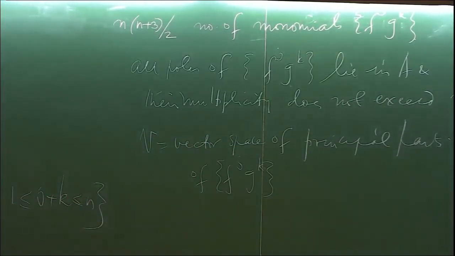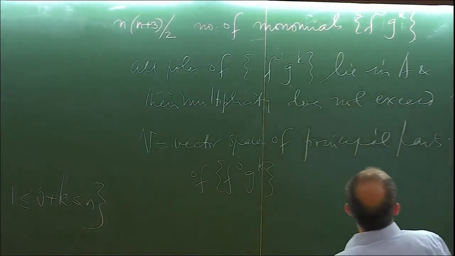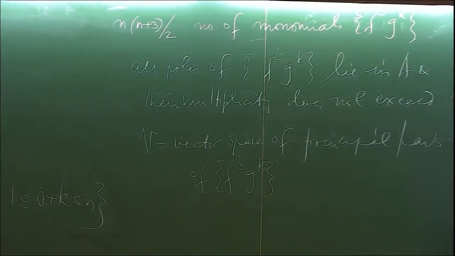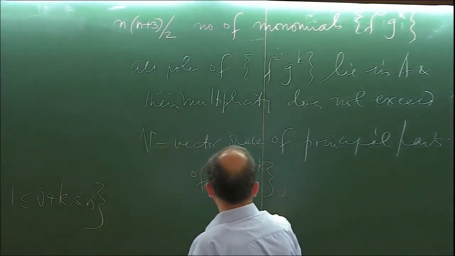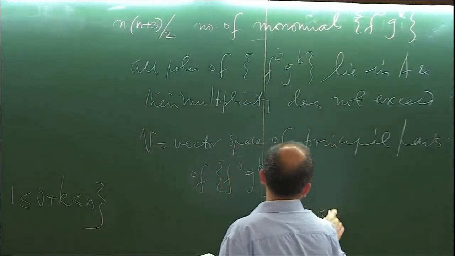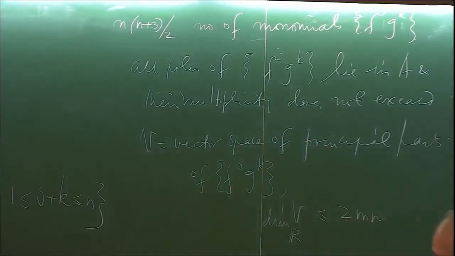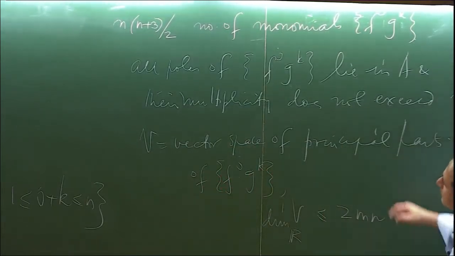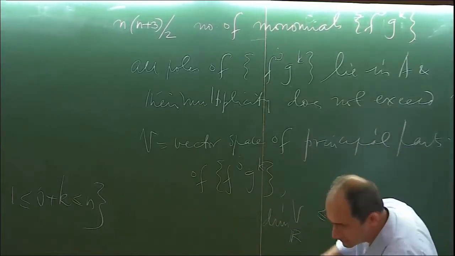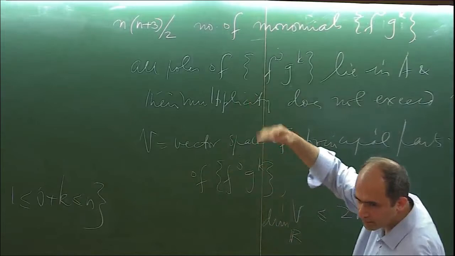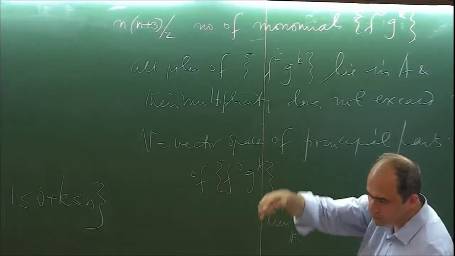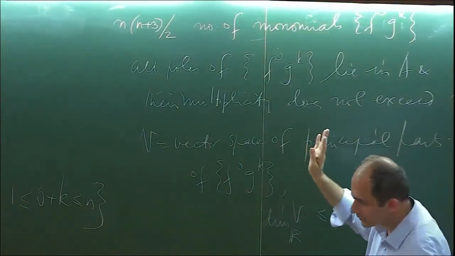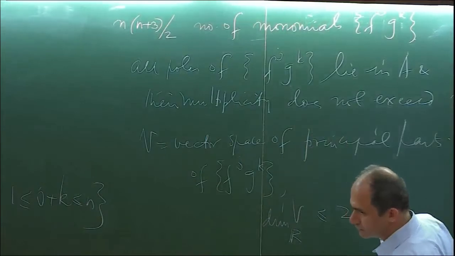And because the total multiplicity does not exceed mn, the real dimension of this vector space over R is at most 2 times mn. Is that clear? I look at the singular parts around all the points in capital A. Forget the holomorphic part. The singular parts are generated by monomials of the form 1 over z minus some q to some power. I look at the span of all of these. Total dimension over R is at most 2mn.